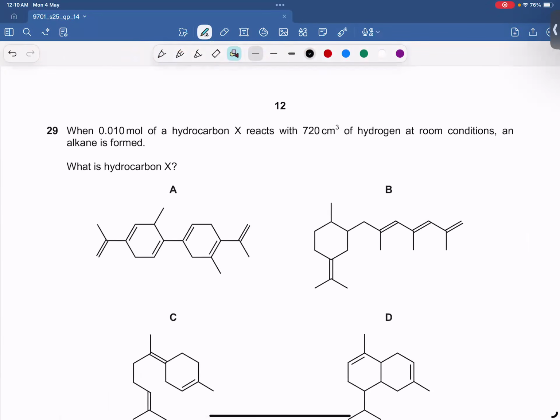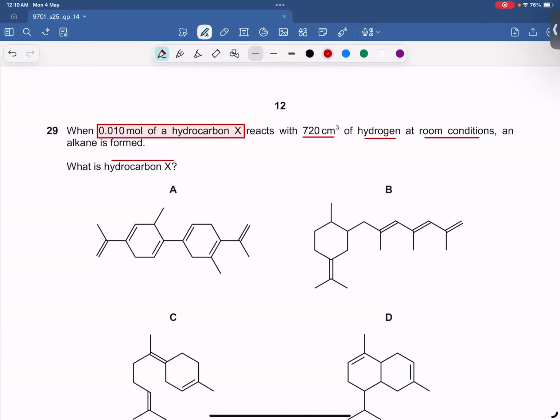Question 29. Just give me a minute. When 0.010 mole of hydrocarbon X reacts with 720 cm cube of hydrogen at room temperature, what is the formula of hydrocarbon X?